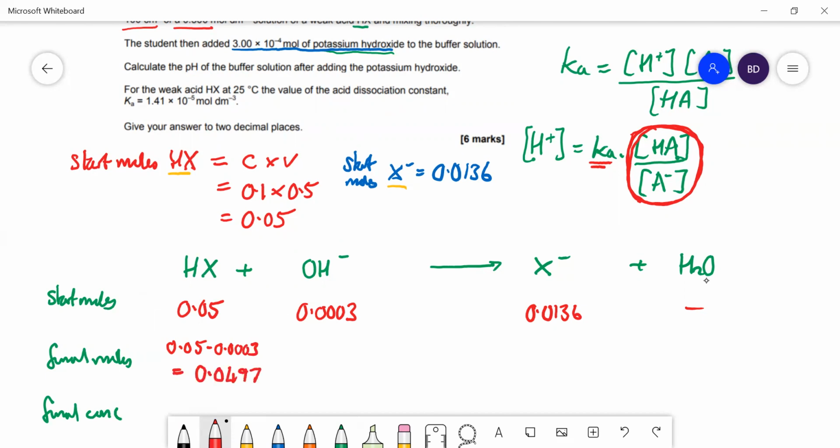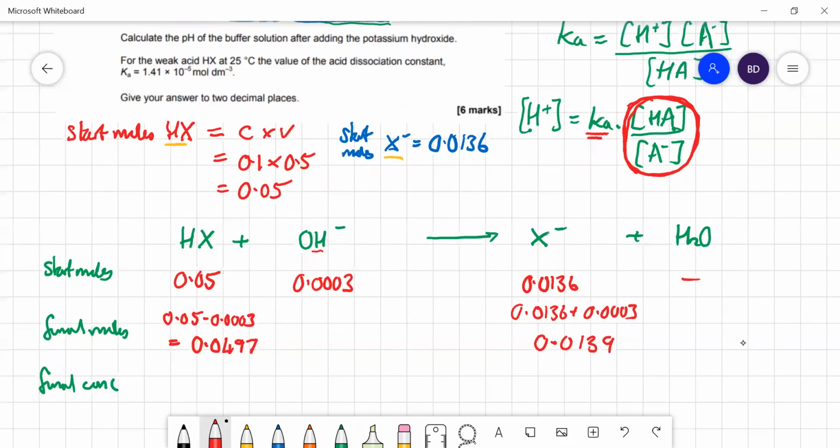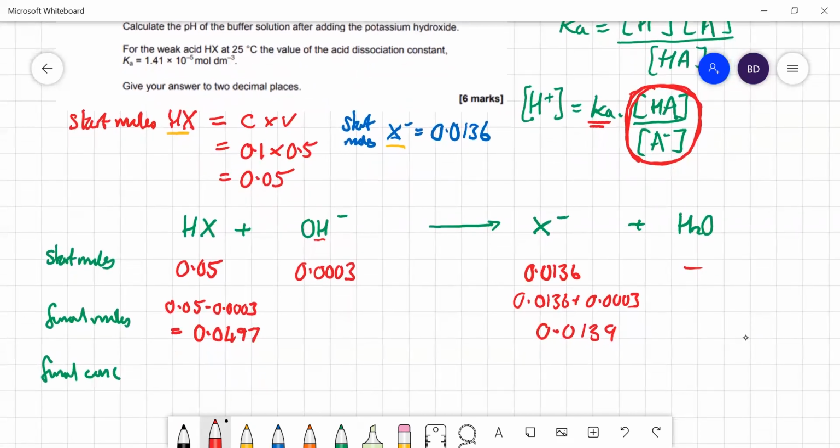What's happened to the moles of X minus? Well, that's going to go up, isn't it? Because every mole of OH minus is going to make one more of that. So that's going to be 0.0136 plus 0.0003, which gives us 0.0139. Now the final concentration, we've got to divide the moles by the volume.